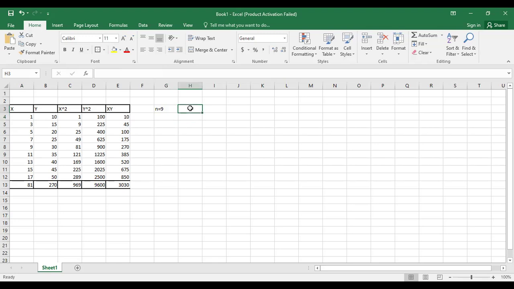The numerator is n, which is 9, multiplied by the summation of xy, then minus the total x multiplied by the total y, the summation of y. So that's the answer that we're finding.